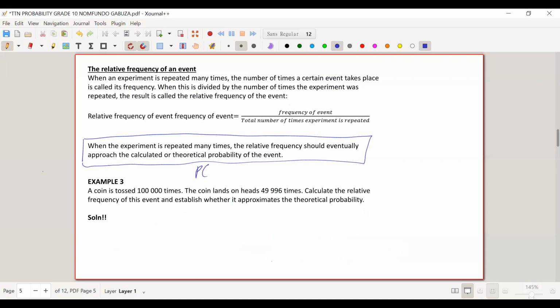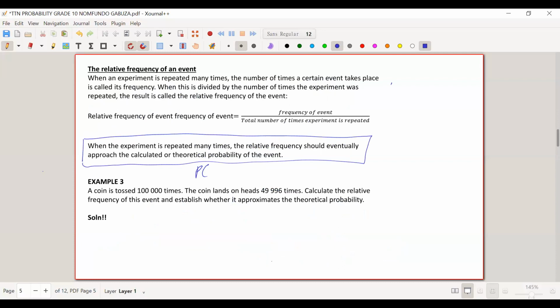So let's take a look at example 3. What do I mean by theoretical probability? Let's say we are tossing a coin, I'm trying to emphasize this part. Let's say we are tossing just one coin.